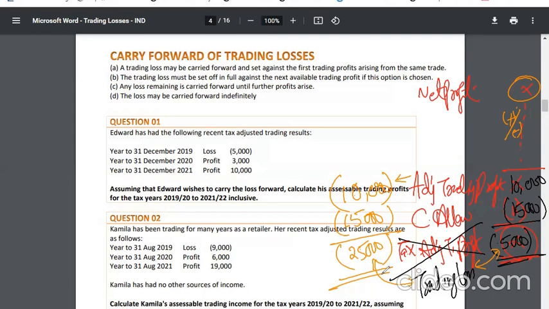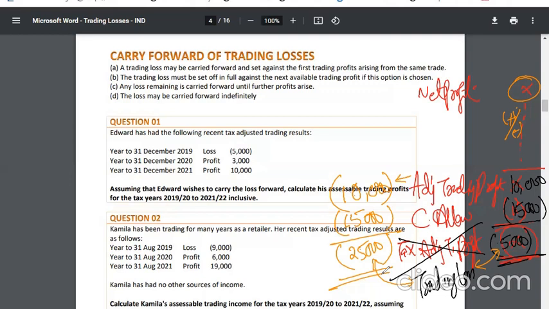This is the answer to this particular question. Any confusion, please ask. So capital allowances can increase the trading loss, and can create a trading loss as well. Otherwise, you remember the personal allowance and this type of allowances, they cannot create negative figures.